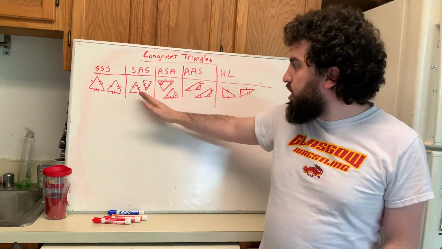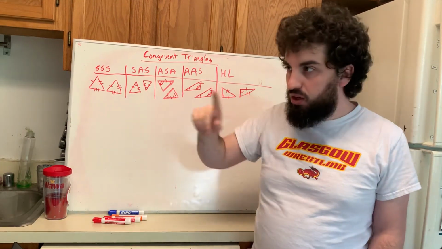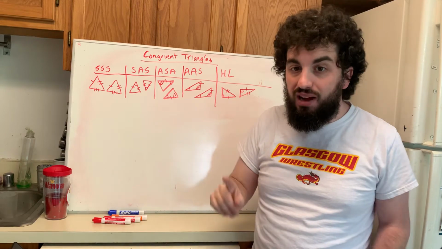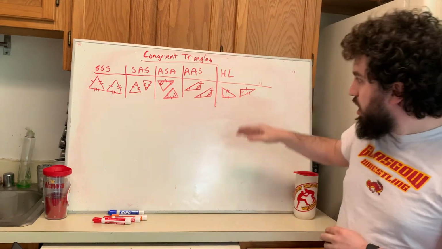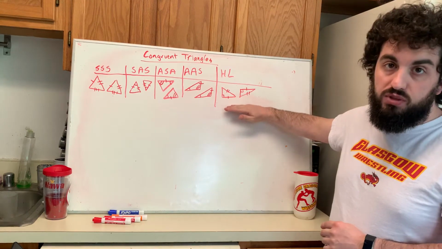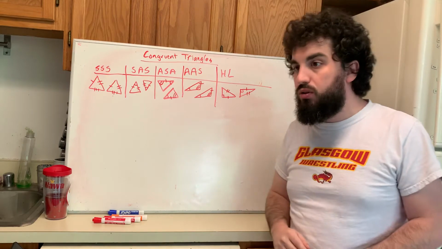Now, one thing I'm going to say, we're never going to have angle side side. That actually comes down to hypotenuse leg in only right triangles.